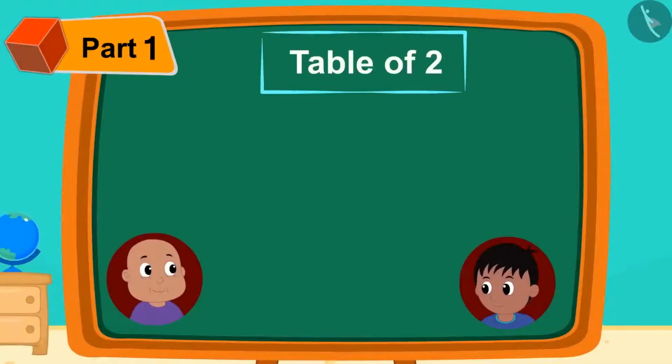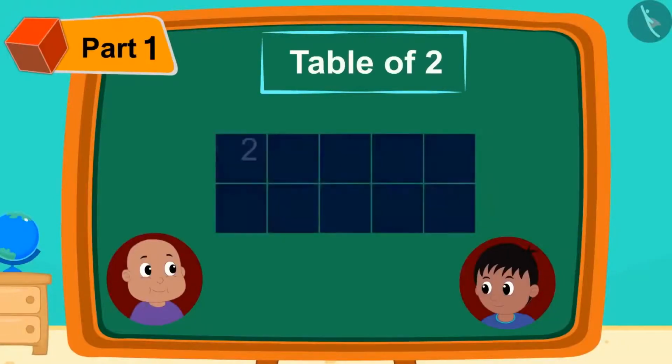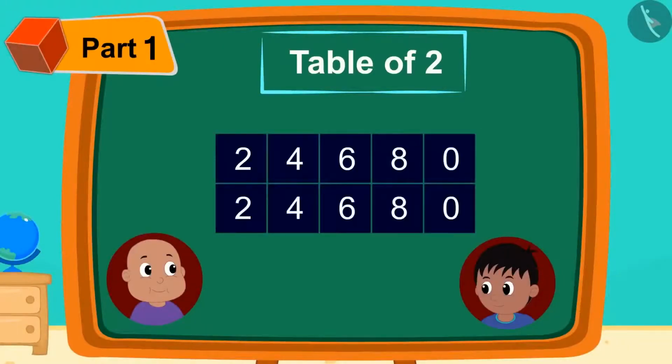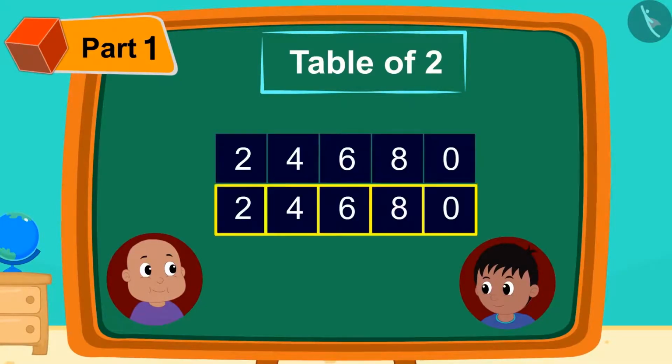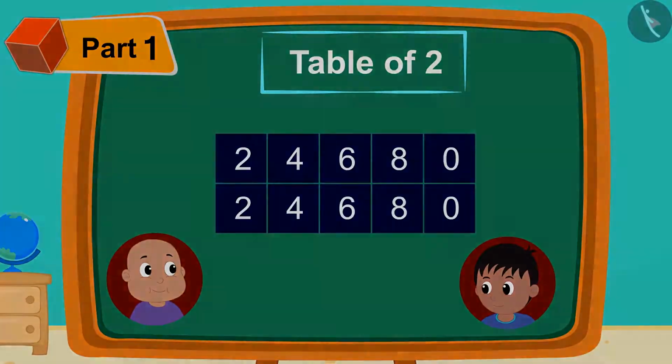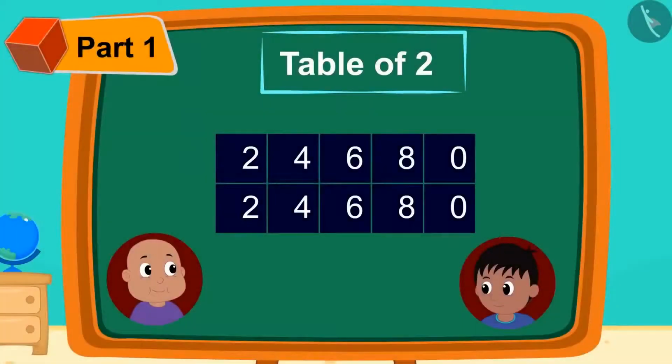Raju is first referring to 2's table. He wrote these patterns in a table: 2, 4, 6, 8, 0 in 2 lines. Now he wrote 0 in this way in front of 2, 4, 6 and 8 in 4 cells of the first line.